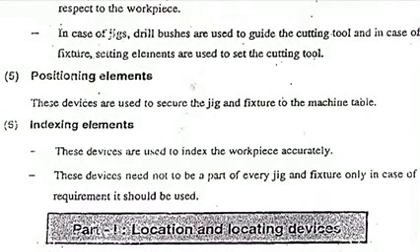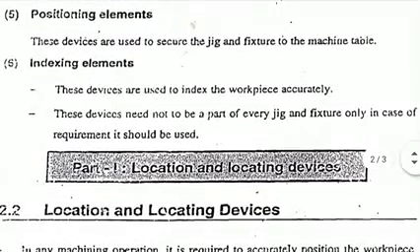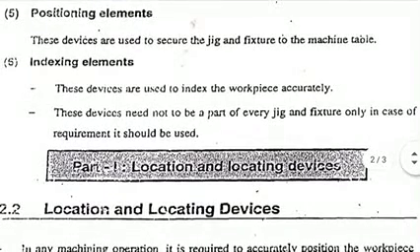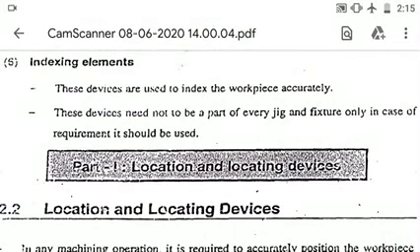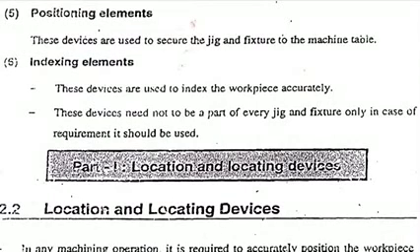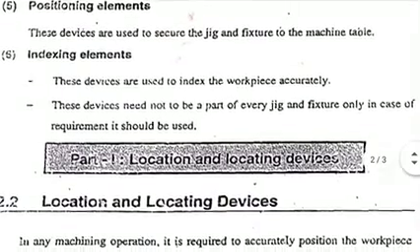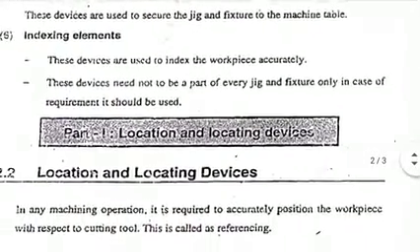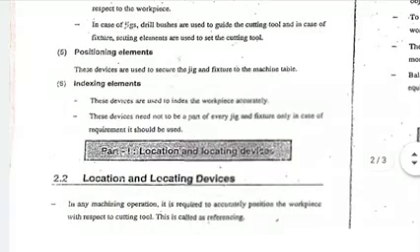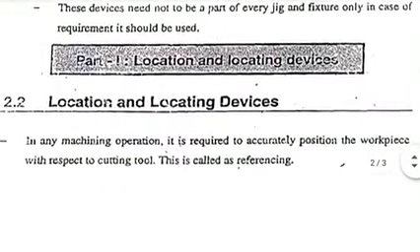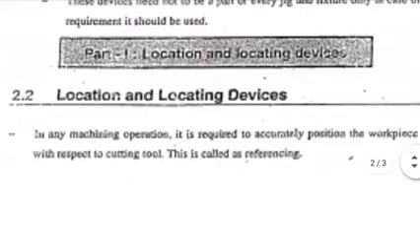These devices are used to secure the jig and fixture to the machine table. And indexing elements: these devices are used to index the workpiece accurately. These need not be a part of every jig and fixture; only in case of requirement should they be used. So now we are going to location and locating devices.